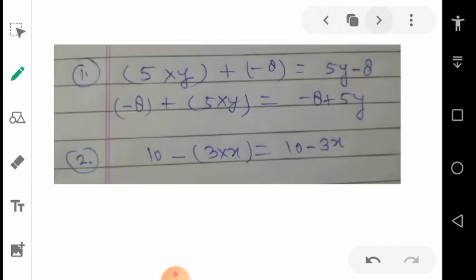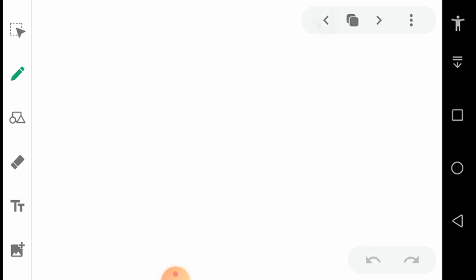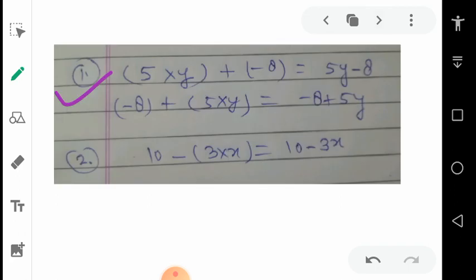This first question is solved here. So 5 times y means 5 multiplied by y, and it is added to minus 8. Added means plus sign, and minus 8 is written. Now it becomes 5y minus 8.